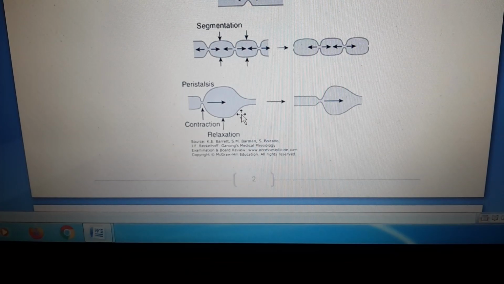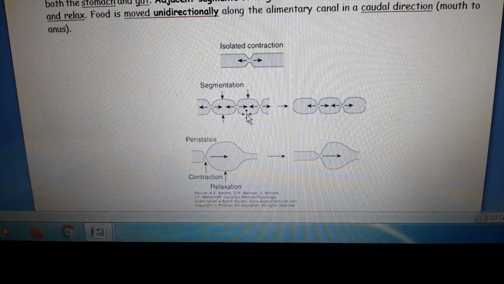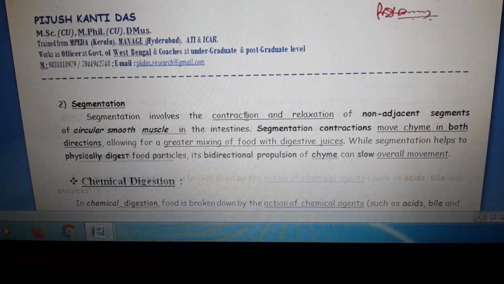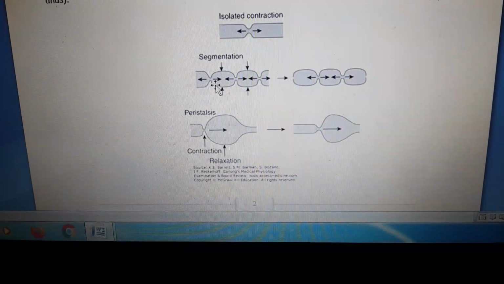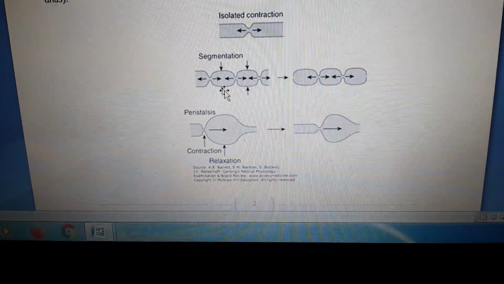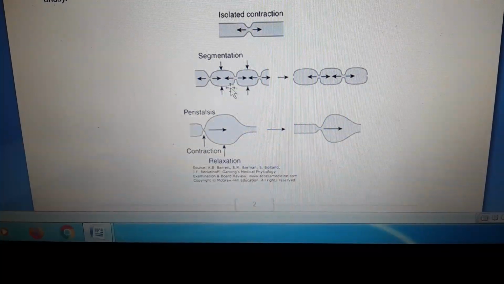The segmentation process is mainly performed by the intestine. Here these two segments are non-adjacent segments because they are separated by a groove.